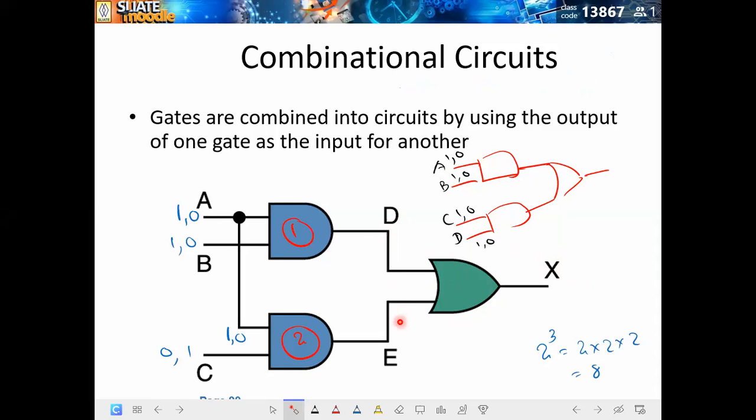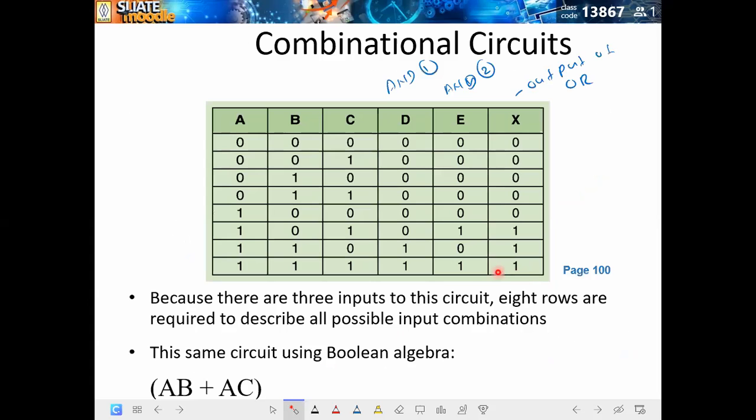Inputs are D and E. Now we have derived the values of D and E, right? Based on the behavior of the OR gate, we can decide the output of X. Do you remember the behavior of the OR gate, children? The behavior of an OR gate is that if either of the two inputs is 1, or both are 1, the output is 1. Only when both are 0 is the output 0.